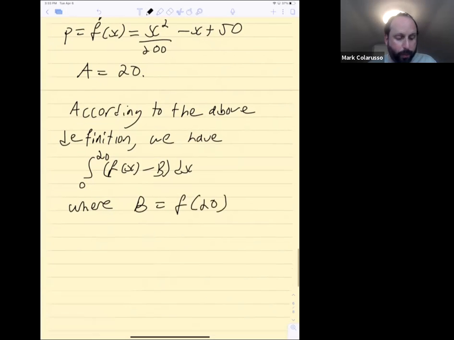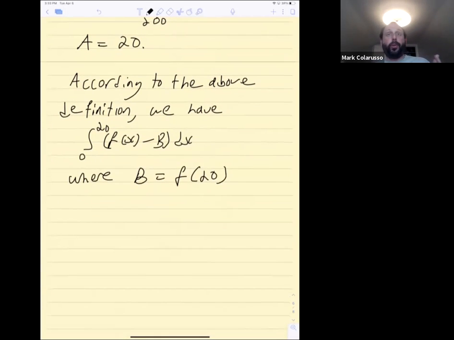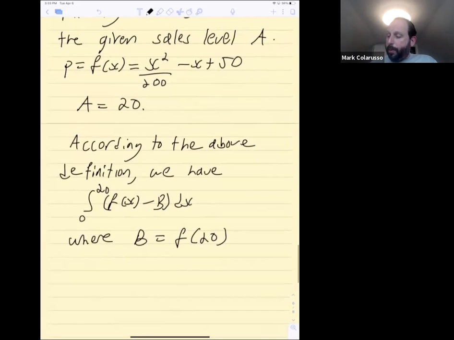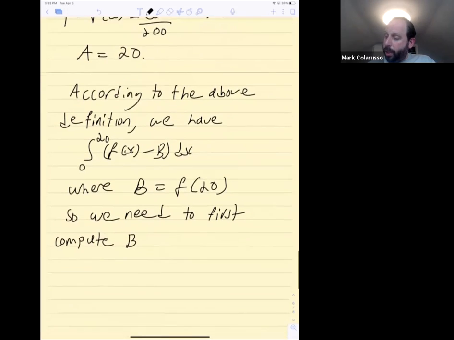So we have to first compute b to be able to do the computation. We need to first compute b before doing the integral.